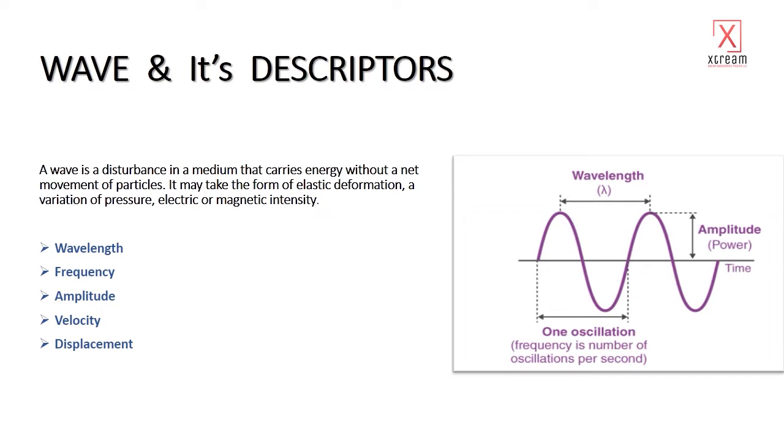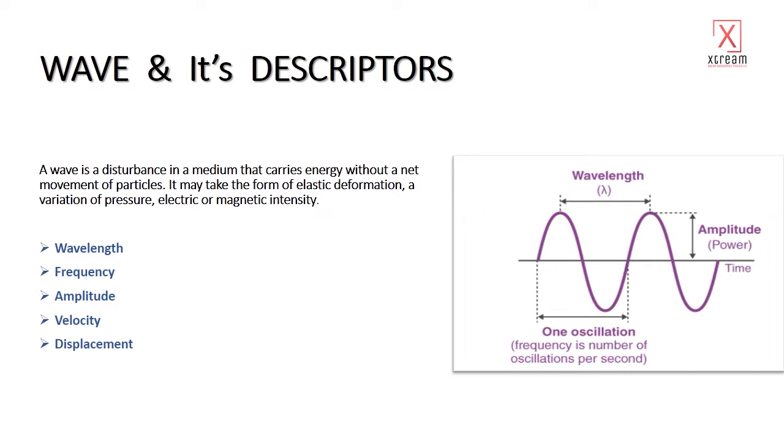So what is a wave? A wave is the main ingredient of wireless networks, and we have some descriptors of the wave. Descriptors are things associated with waves on the basis of which we can distinguish waves, frequencies, and amplitude and their characteristics.